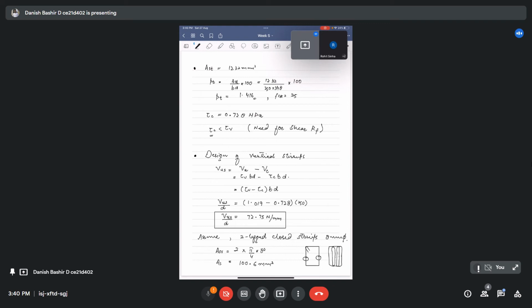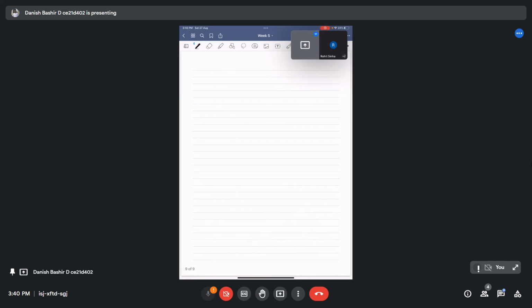We are just giving an initial guess that we will use these stirrups providing a shear stirrup area of 100.6 mm square. So let's check the different things from this ASV. If we provide ASV as that, the required spacing SV should be less than or equal to 0.87 FY ASV by VUS by D. That's why I calculated VUS by D initially.